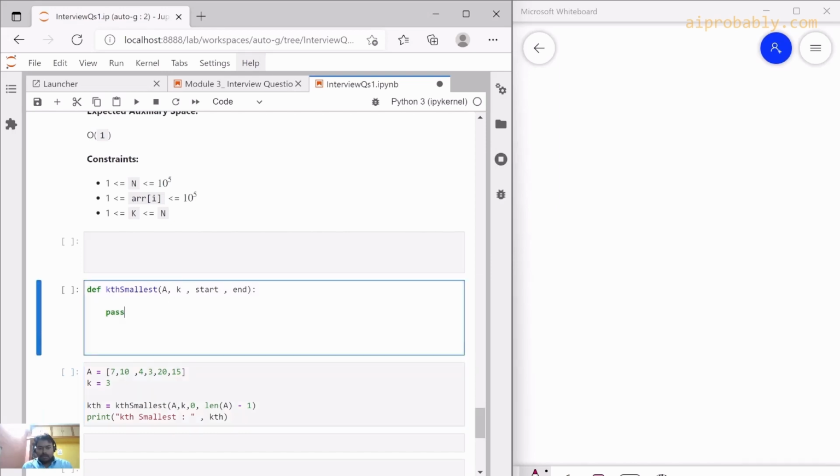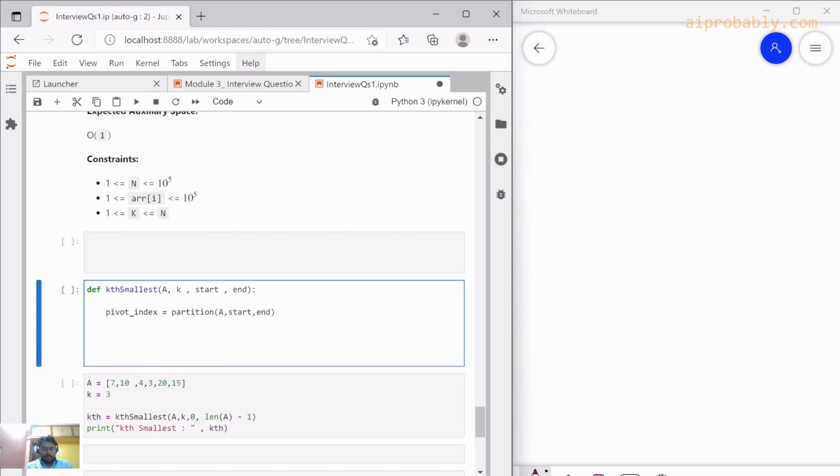So let's implement the logic behind the kth smallest function. The first thing we'll implement is to figure out the pivot index. So I will write pivot index equals to, I will call the partition function here, partition, and I will pass 3 values here, a, start, comma, end.